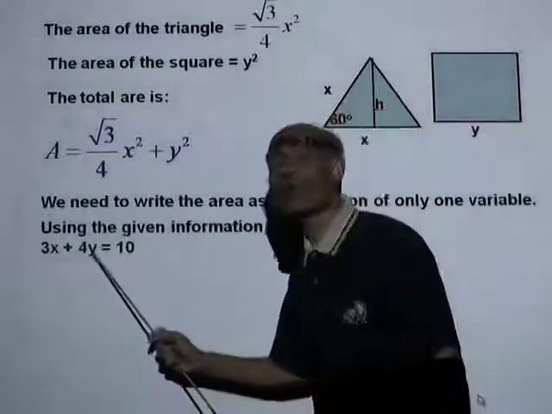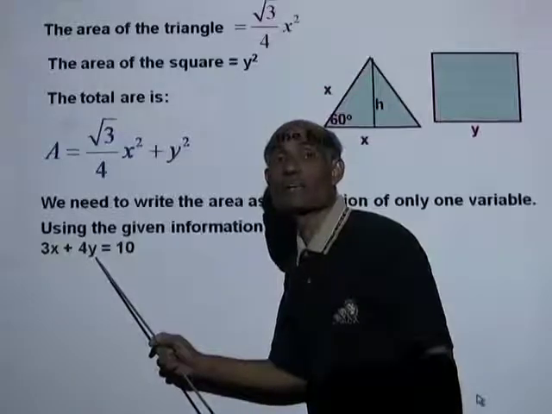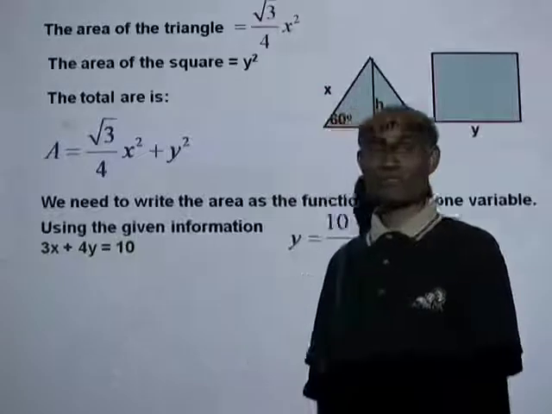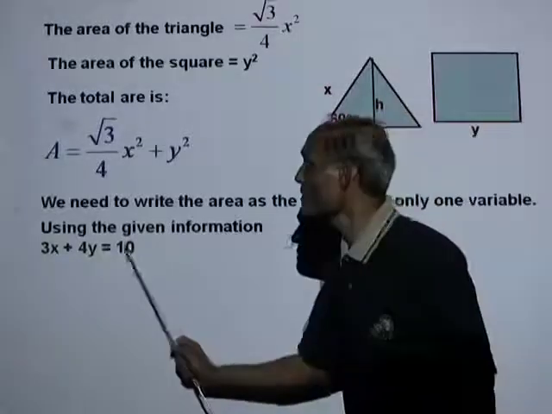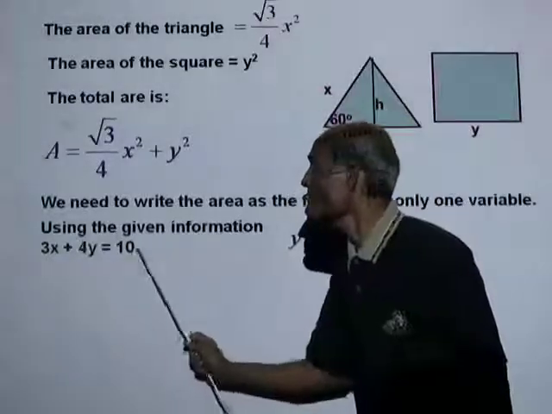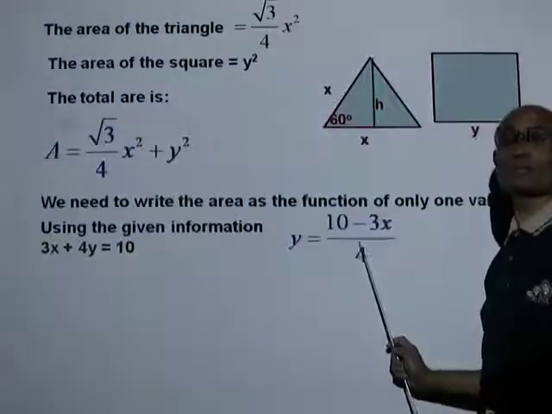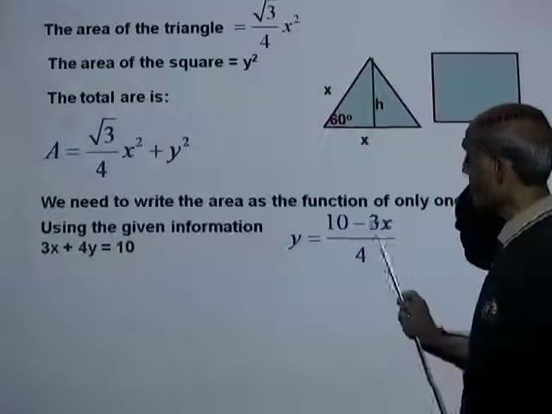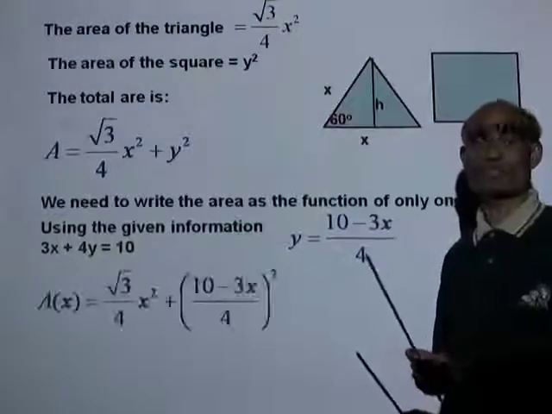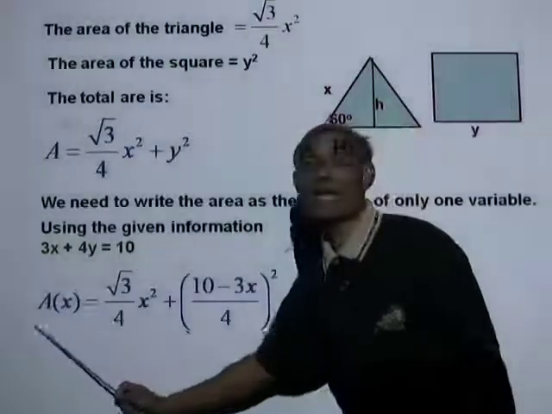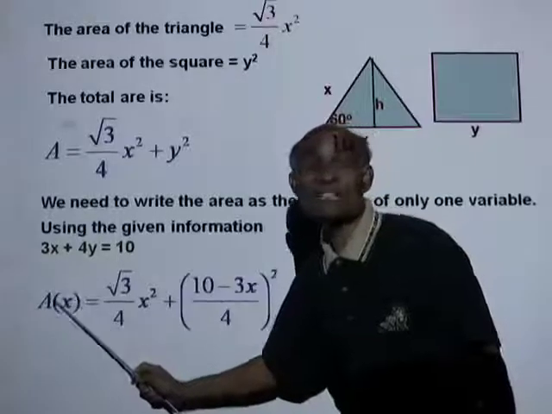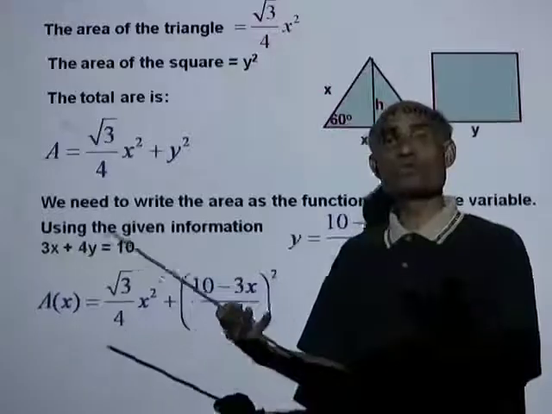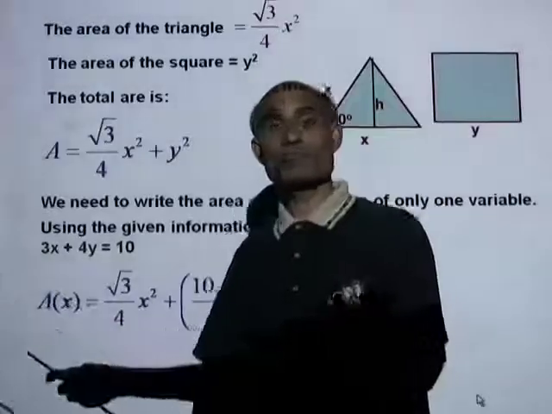We can now solve for y from here in terms of x and replace it there. Alright, let's do that. Therefore, y equals 10 minus 3x divided by 4. y squared, therefore, will be the square of that quantity. And so, A is now obtained as a function of x. Now, this is the method that we use in all optimization problems.